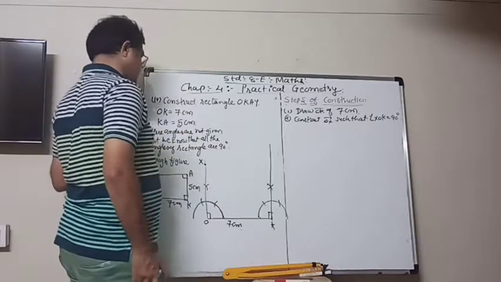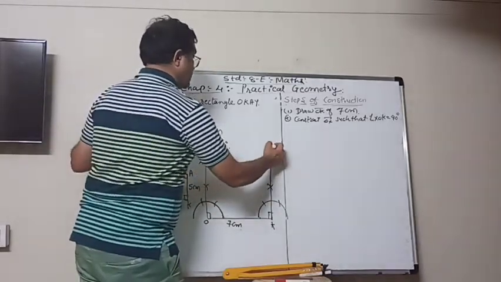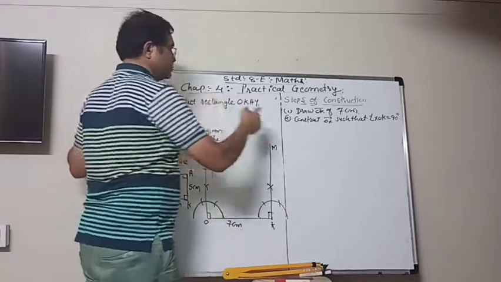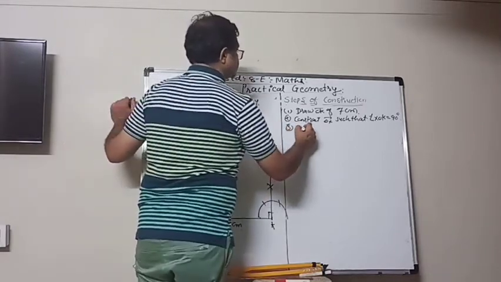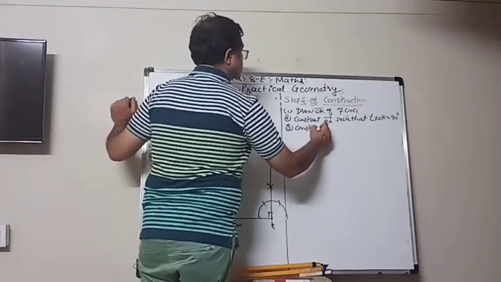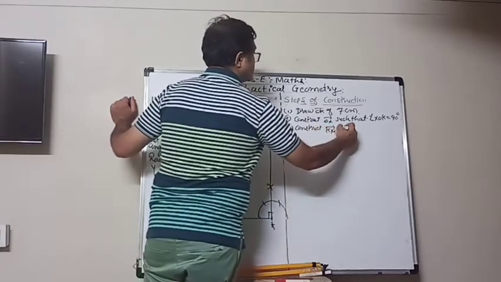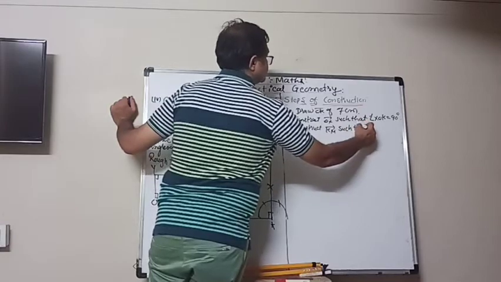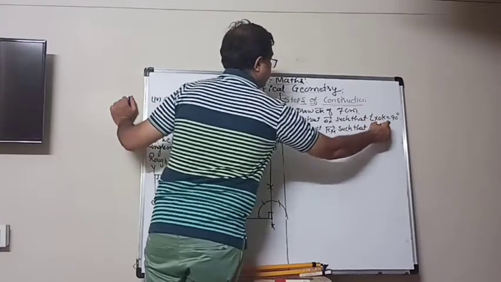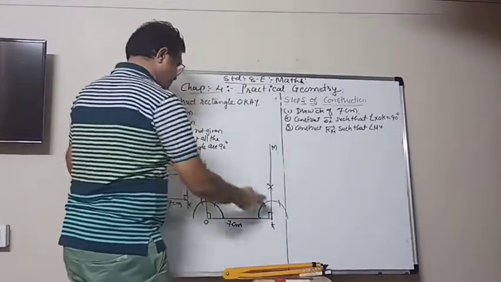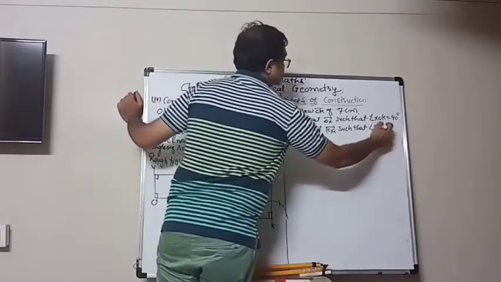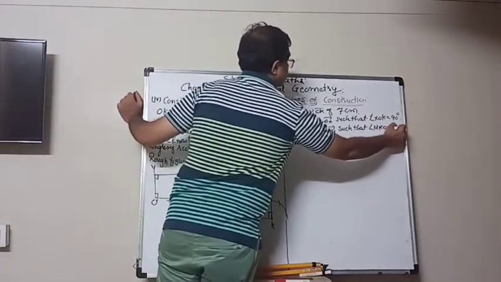So we will take, say, KM. So construct ray KM such that angle MKO is equal to 90 degree.